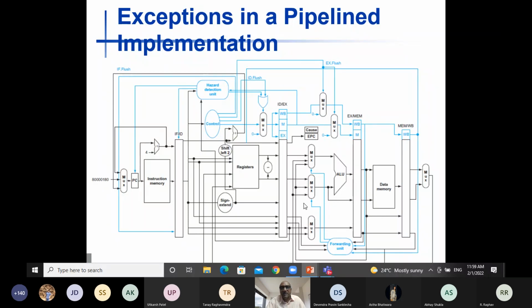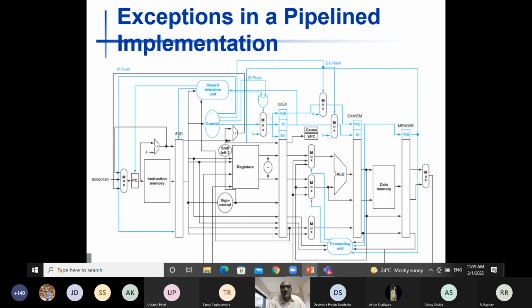Then the exception handler address, 800180, will be loaded. After that, the operating system starts executing instructions, identifies the cause, loads the corresponding routine, and executes it.